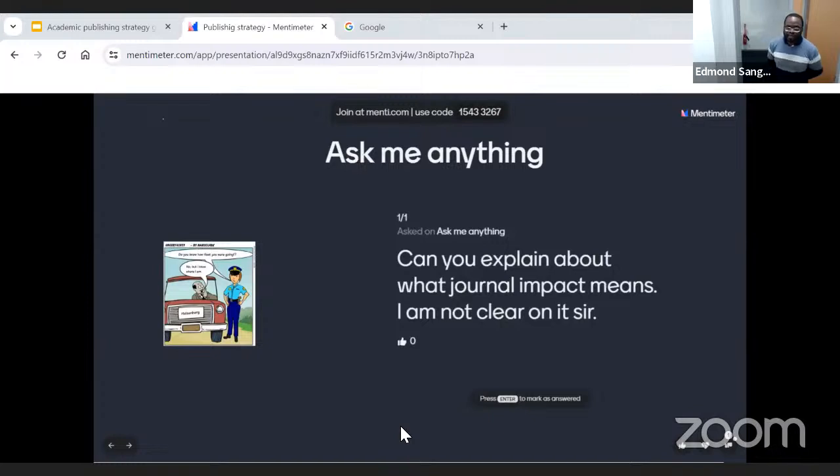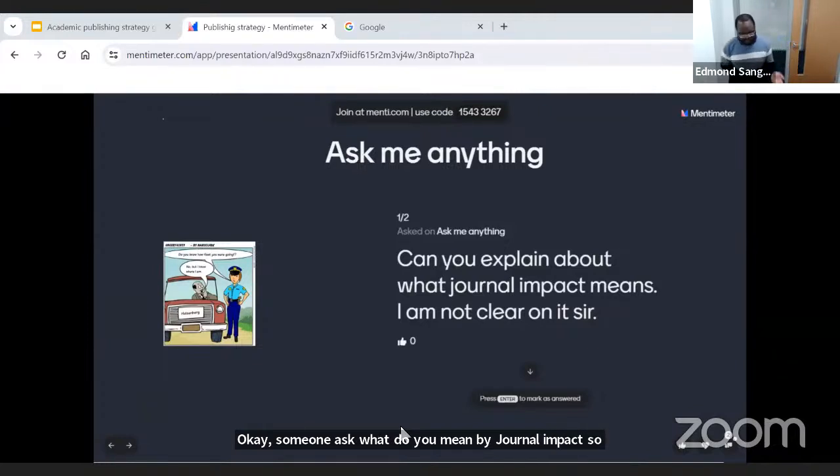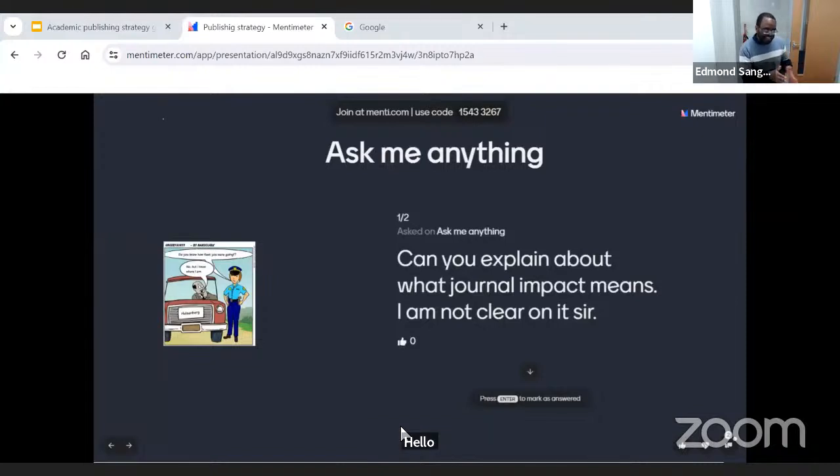Okay, someone asked, what do you mean by journal impact factor? So journal impact factor is a metric that looks at the number of articles that have been published by a journal in 2 years, right? Let's say it has published 10 articles in 2 years.